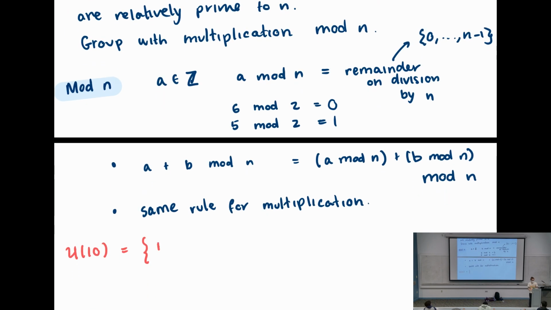So 1 is relatively prime to 10. 2 is not. 3 is. 4 is not because they have a common factor of 2. 5 divides 10, so those are not relatively prime. 6, again, is even. 7 is in this. 8 is even, so that's out. And then we also have 9. So this is a group containing 4 elements.